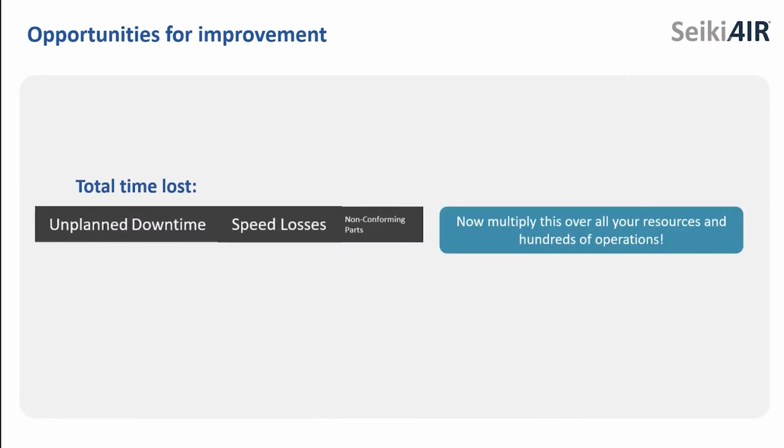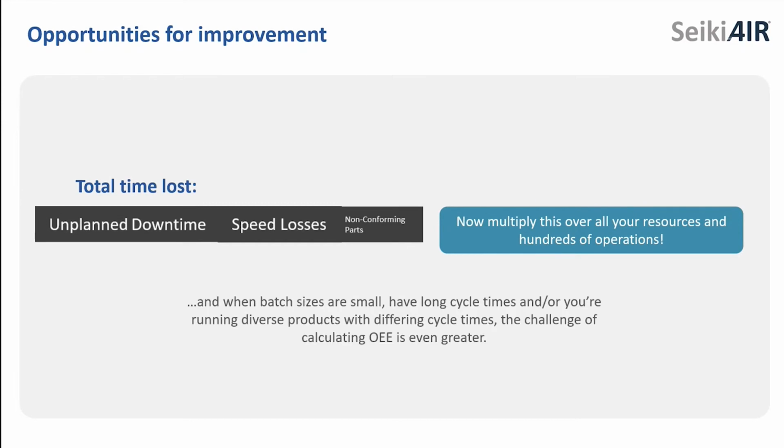Which you've just summarized for me there, which is perfect. Thank you. So, as John said, you imagine, we've lost that time in that one example, but if you've got multiple resources, hundreds of operations, and obviously with discrete manufacturing, you might have a lot of variety across all of that as well.